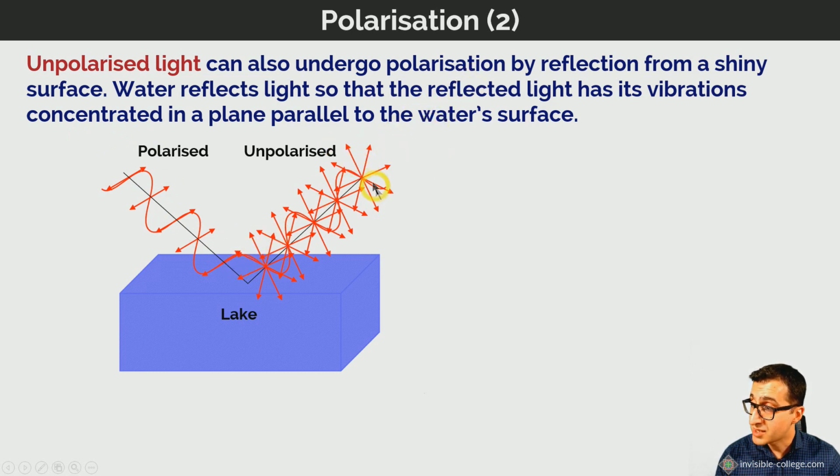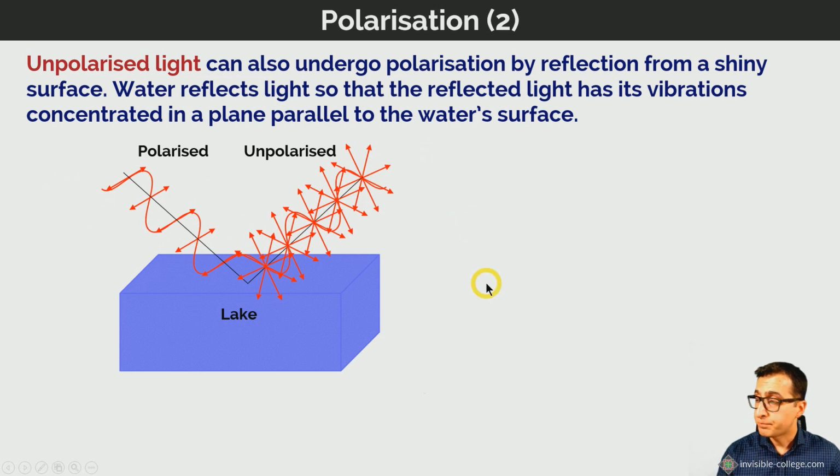The light coming from the sun is unpolarized, so the direction of energy transfer is along here, but the actual vibrations of the electric and magnetic fields are in all possible perpendicular directions relative to that direction of energy transfer. But when it hits the surface of the lake, only the vibrations of light which are parallel to the water's surface are actually reflected.